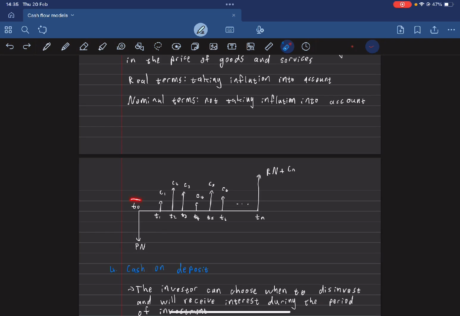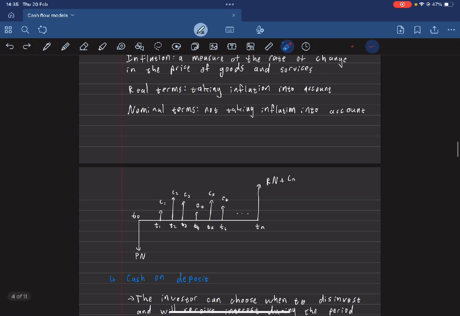At time zero, you'll buy it for some price. And then let's say each month or each time period, you'll get some coupon. The coupon amount will vary depending on the price of some index. You often use the CPI, the Consumer Price Index, but there are many others you could use. Depending on the Consumer Price Index, the coupons you receive will vary. They could go up, they could go down. But the most important thing is that in real terms, the coupons will stay the same.